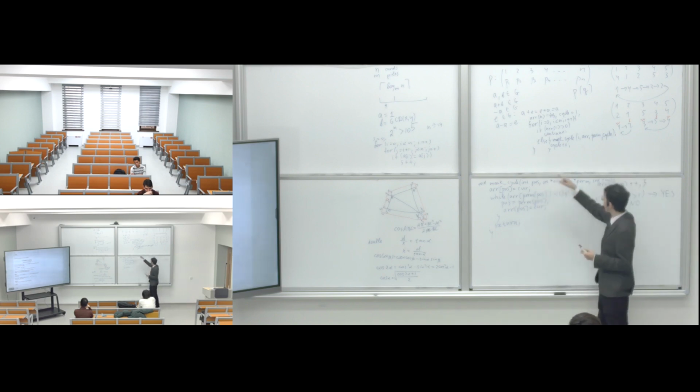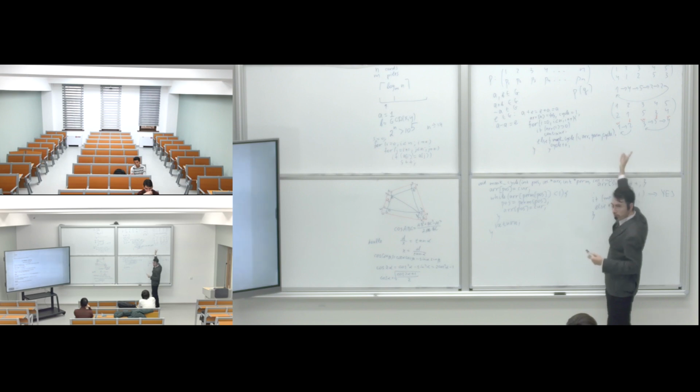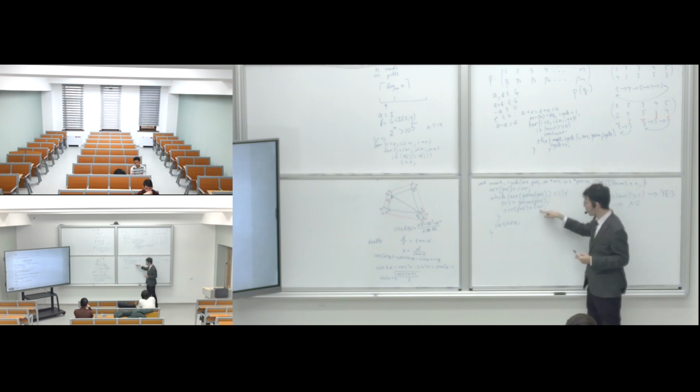So we go through the whole permutation, like I showed you, and we mark all the corresponding numbers with the current value, and once we finish, we return.